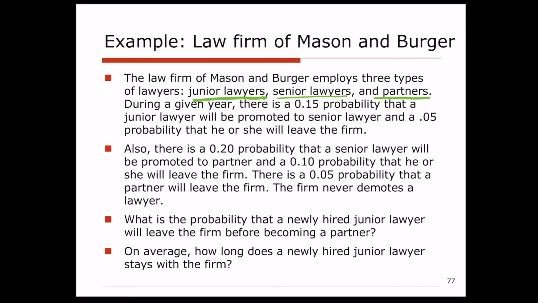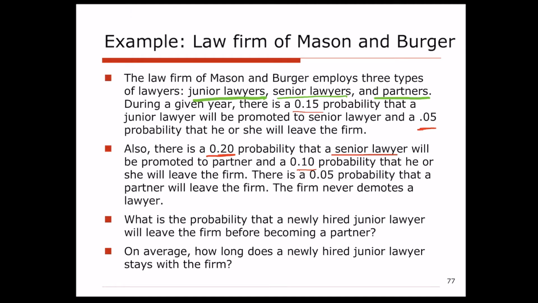In a given year, there is a 15% chance that a junior lawyer is promoted to a senior lawyer and a 5% chance that this junior lawyer leaves the company. Also, there is a 20% chance that the senior lawyer gets promoted to a partner and a 10% chance that he or she leaves the company.